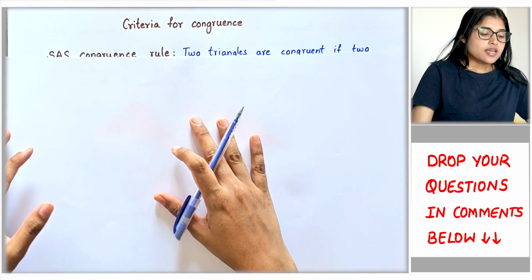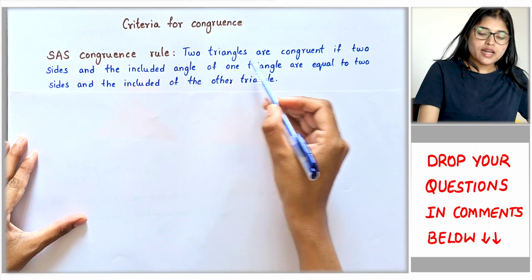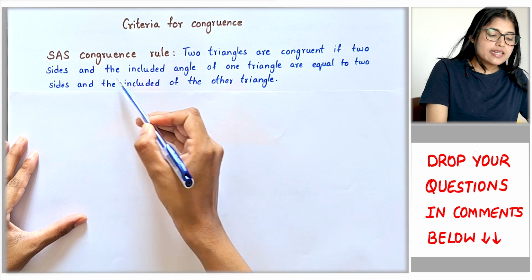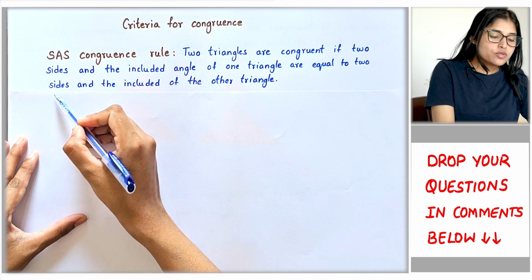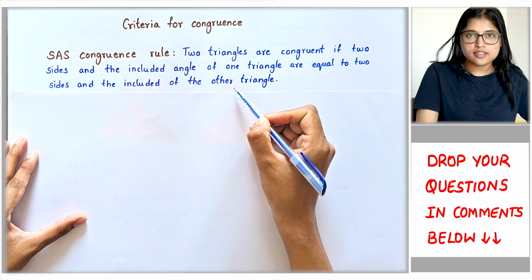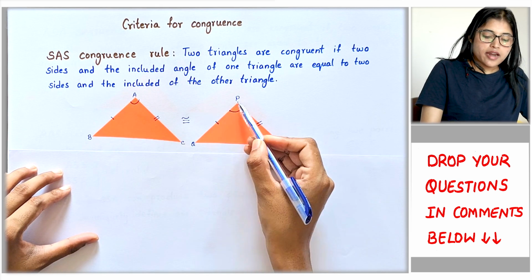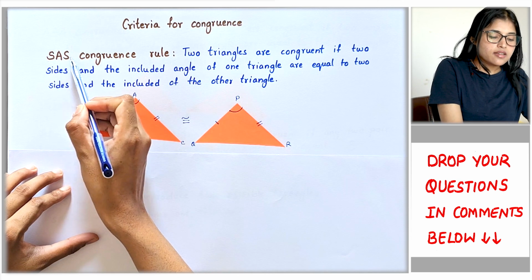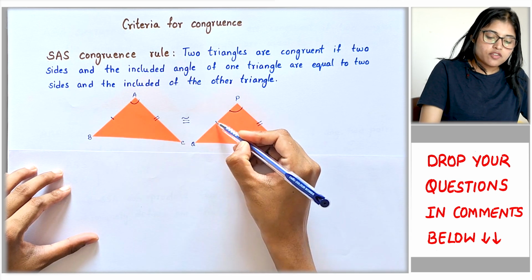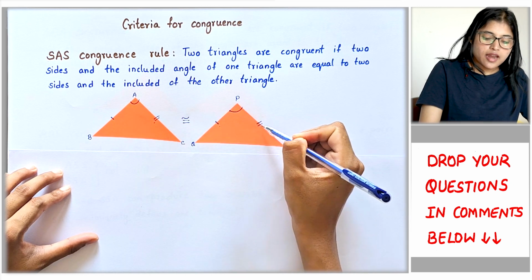First criteria is the side angle side criteria, which is two triangles are congruent if two sides and the included angle of one triangle are equal to the two sides and included angle of the other triangle. Taking a look at two triangles here, ABC and PQR. So corresponding sides, side angle side. So this side is equal to this side and the other side is also equal to this side.